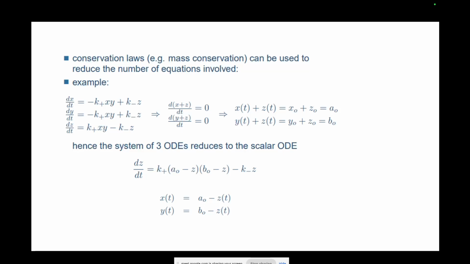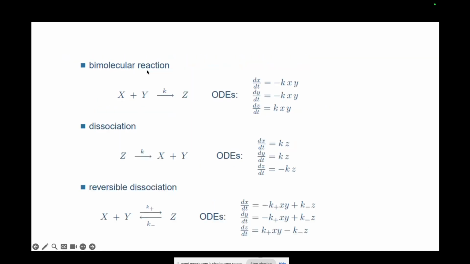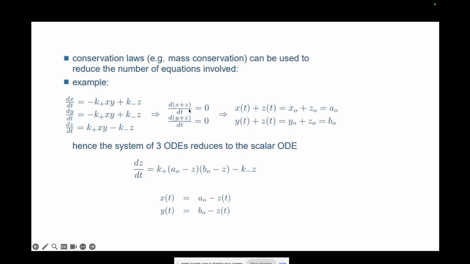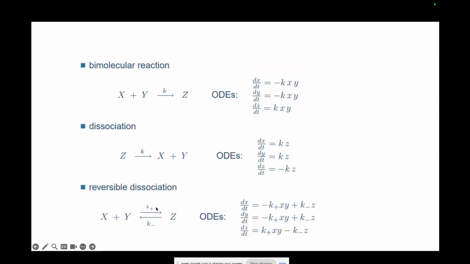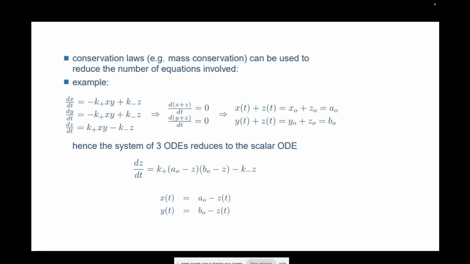So one will be a very simple conservation of mass. The point is the concentration of x plus z and the concentration of y plus z actually remain constant across all. So if you do that, you can reduce the number of systems.